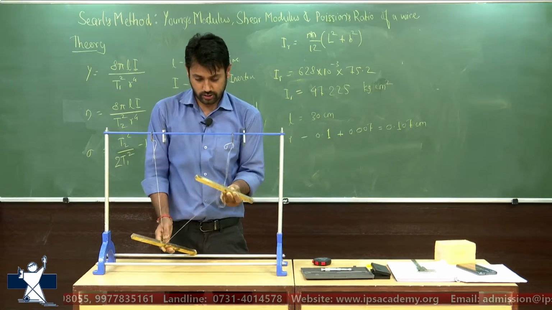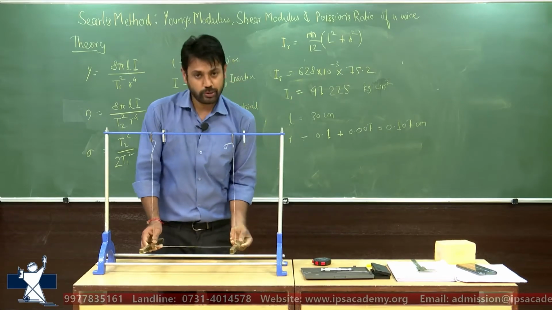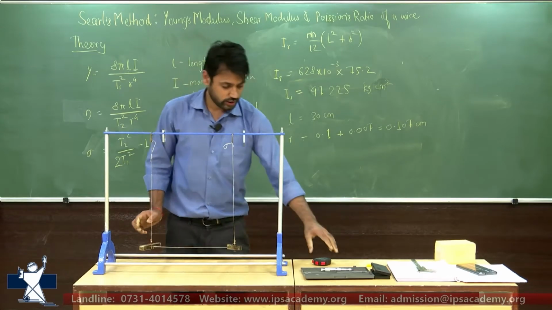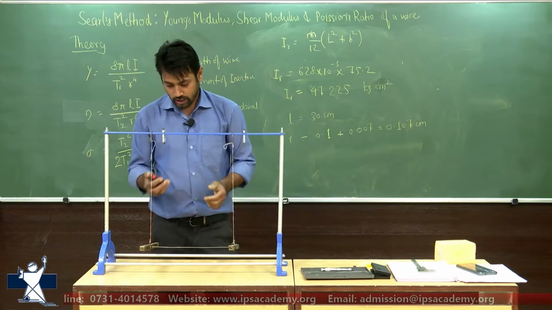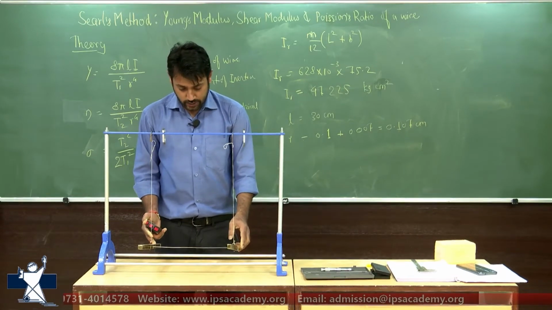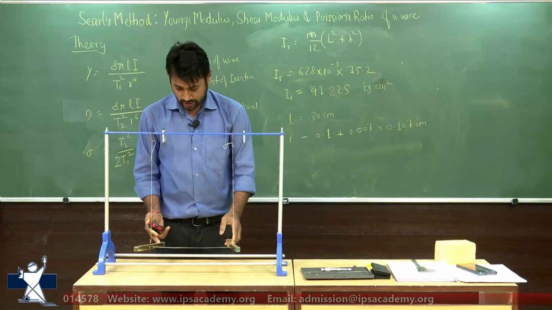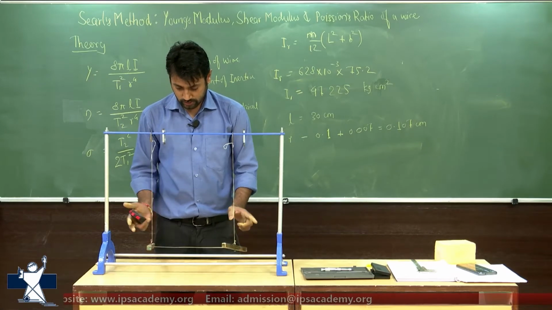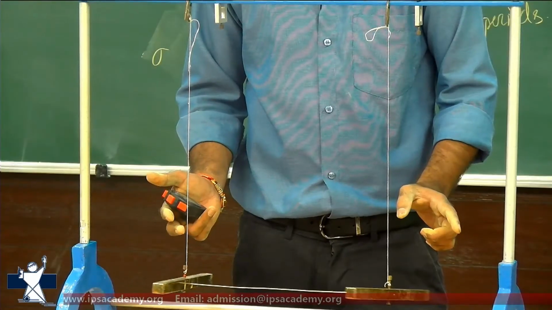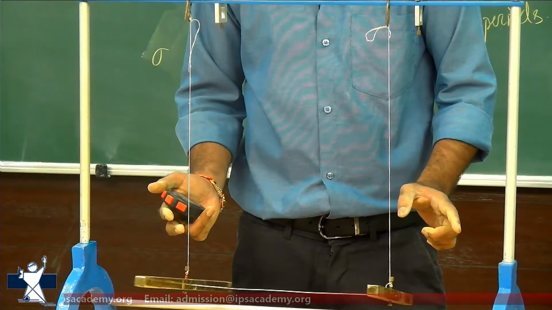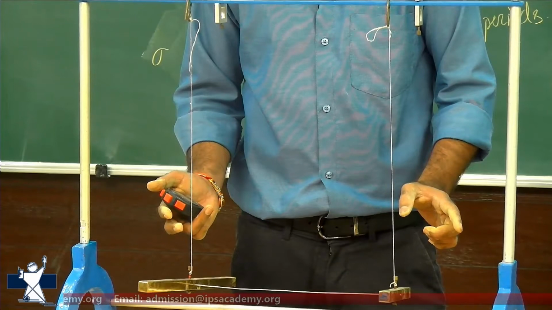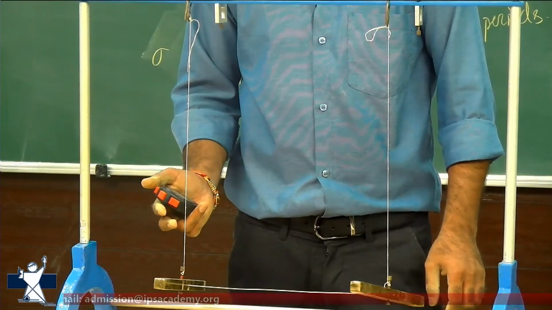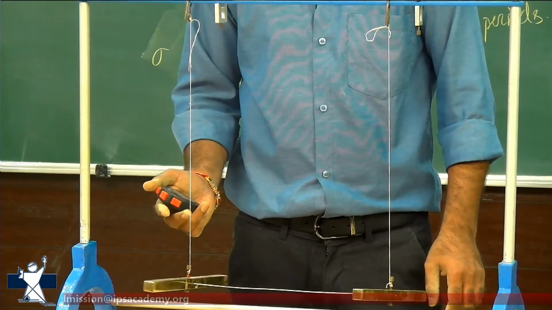So first we are going to measure T1 by oscillating these rods horizontally. I have my stopwatch here. As I leave the rods, I'll start the timer. 1, 2, 3, 4, 5, 6, 7, 8, 9, 10, 11, 12, 13, 14, 15, 16, 17, 18, 19, 20.